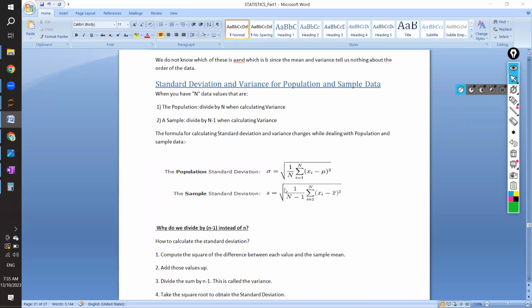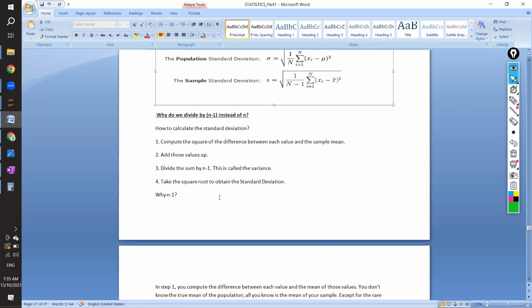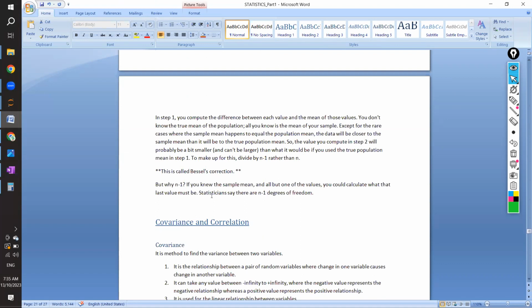For that, we consider degrees of freedom, as said yesterday. Correct. So for sample, n-1. For population, n. Right. So the same thing, population n and sample n-1. Okay. And why we are considering n-1 is actually related to degrees of freedom, as we have discussed today.